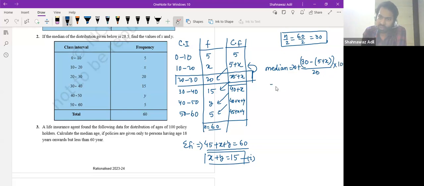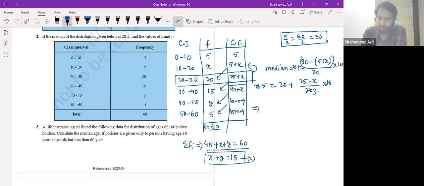So this would be how much? 20 plus, this is how much? 25 minus X by 20, and then into 10. So this is 2. And this is how much? 28 plus 5.5.